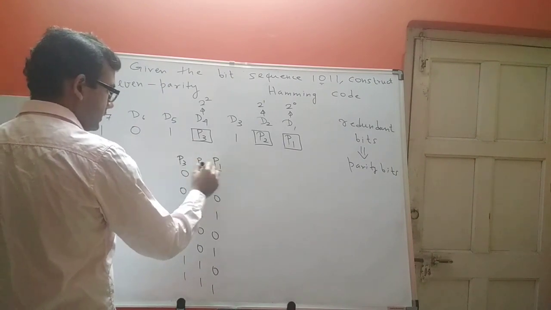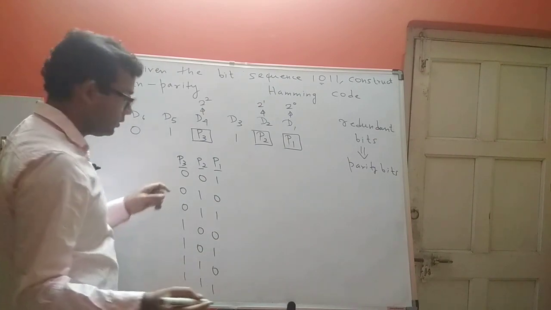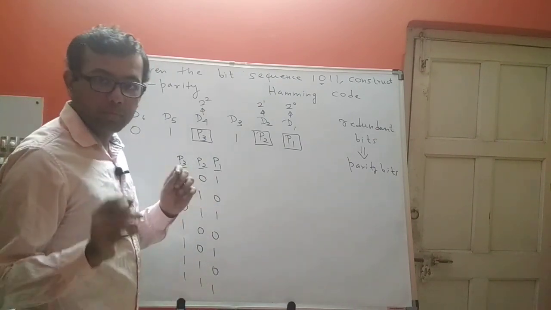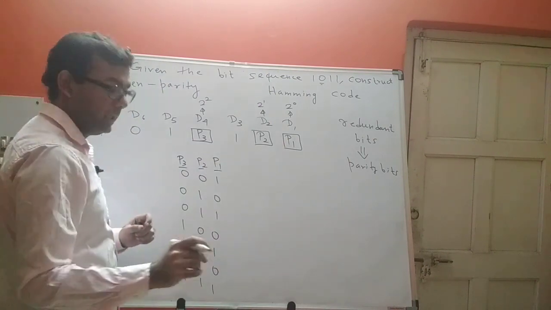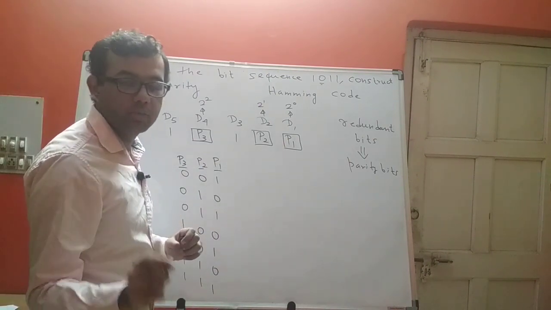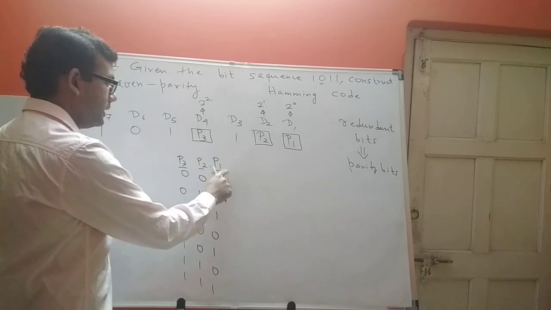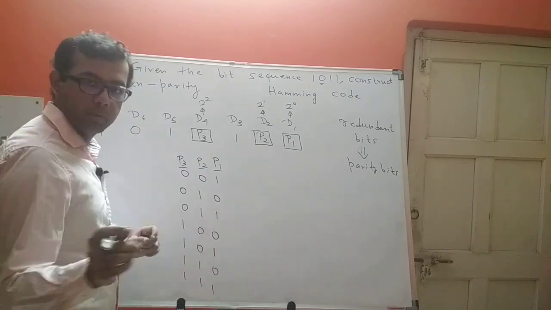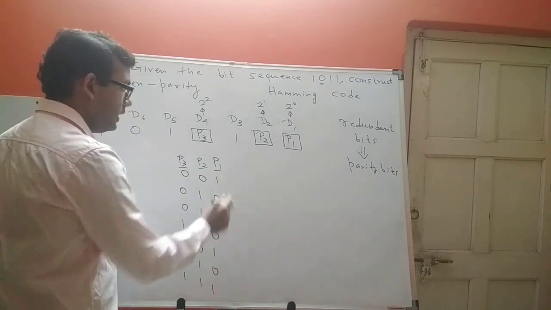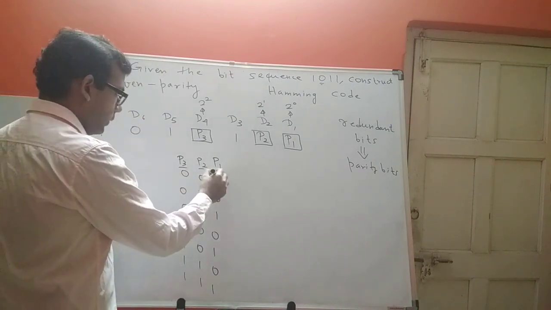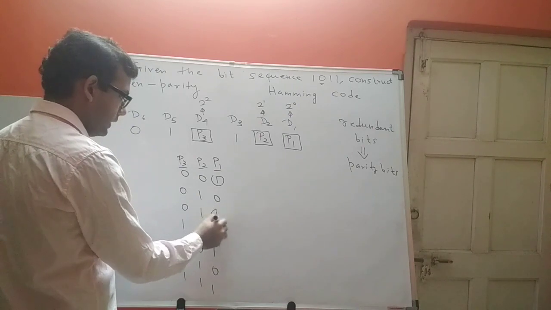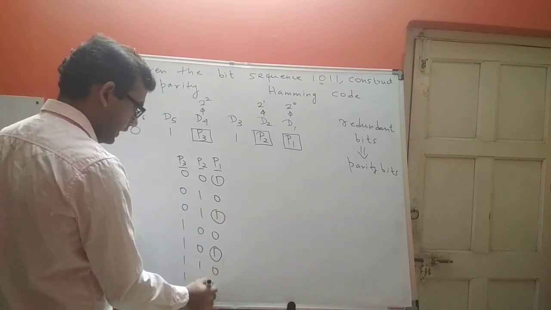So these are my 3 parity bits. So which bit positions will I look at in order to find the value of P1? I will look at those positions which have a 1 in the least significant bit. So if you can see here, there is a 1 here in the least significant bit, there is a 1 here, there is a 1 here, and there is a 1 here.